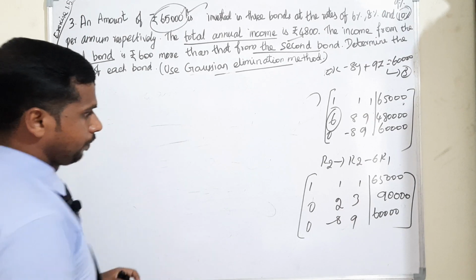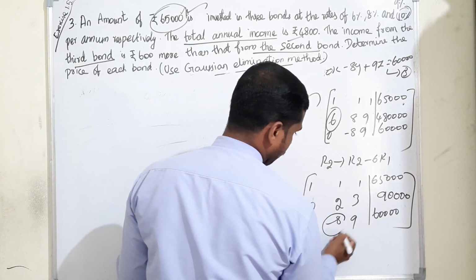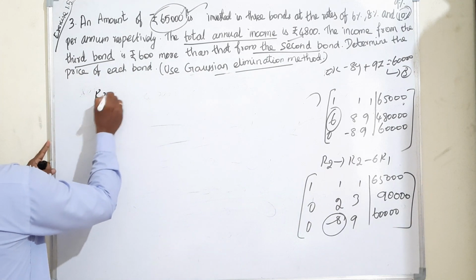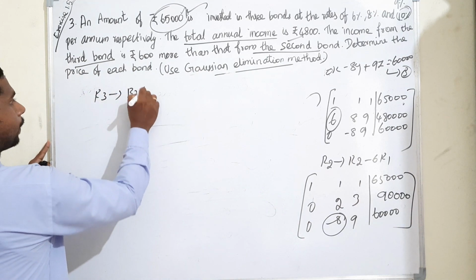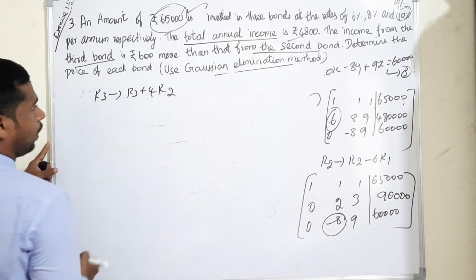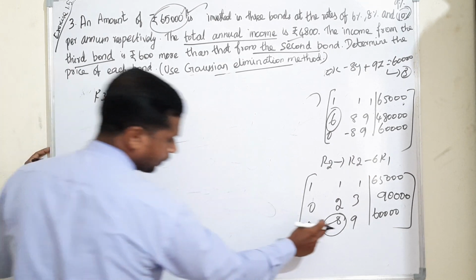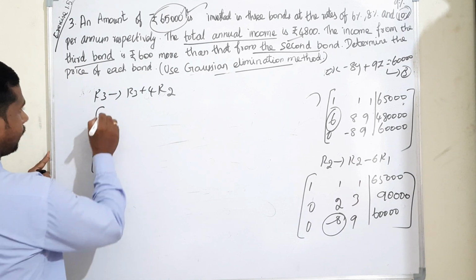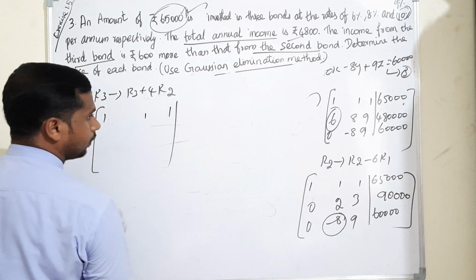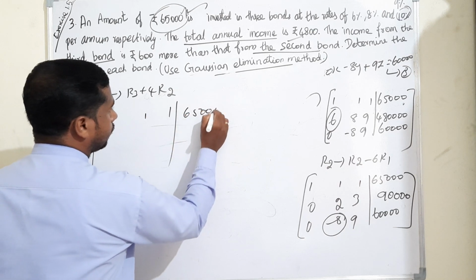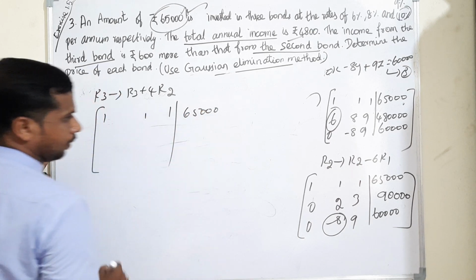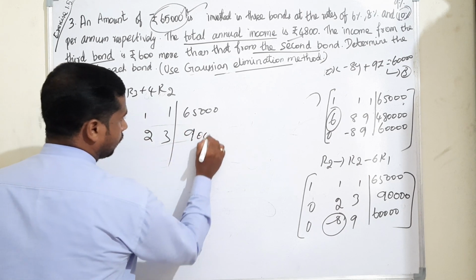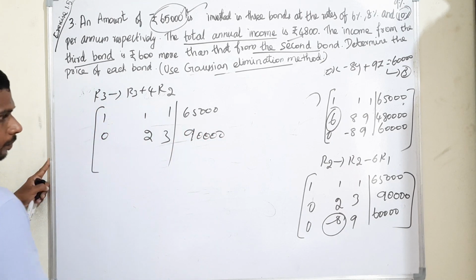Now what we have to do? There 2 is there. Under the term we have to make 0. We have in the third row minus 8. Minus 8 means R3 gives R3 plus 4 into R2. Why am I taking plus? Because under the R3 term minus is there. So R1 and R2 as it is: 1 1 1, 65,000, then 0 2 3, 90,000.